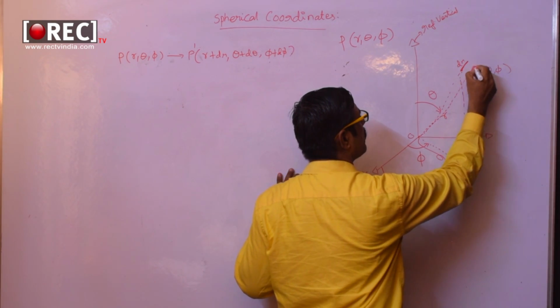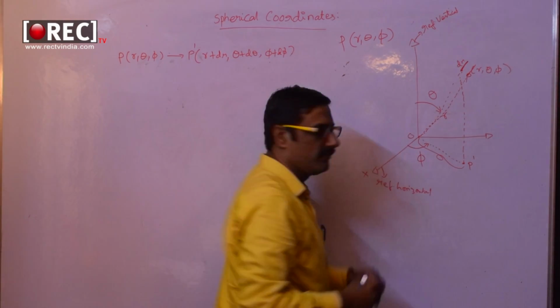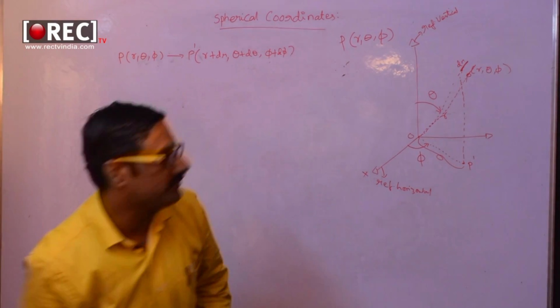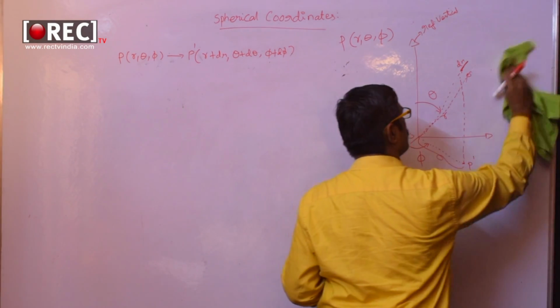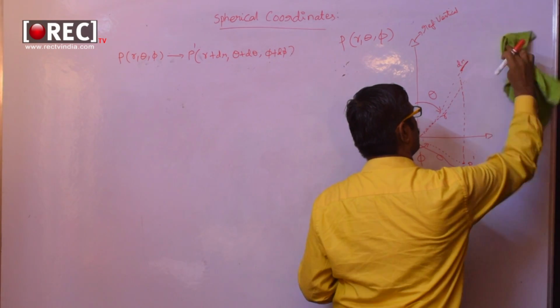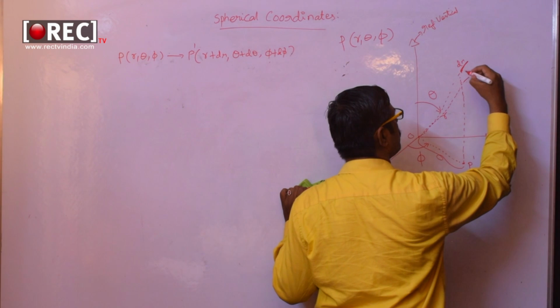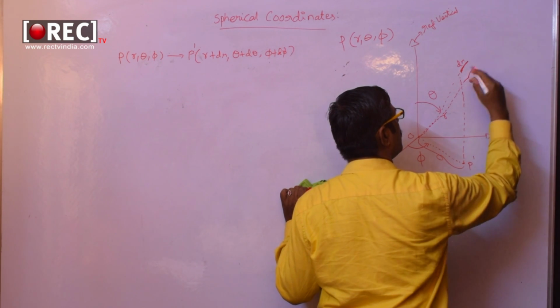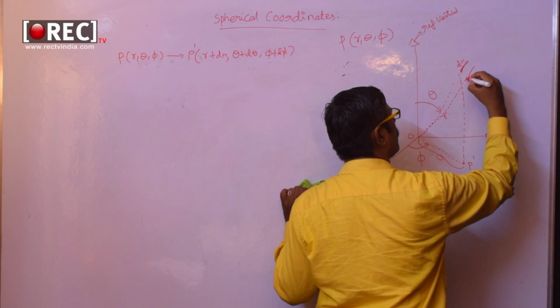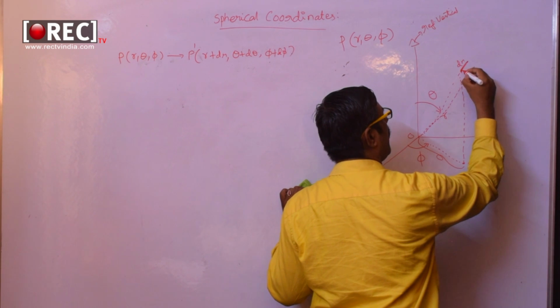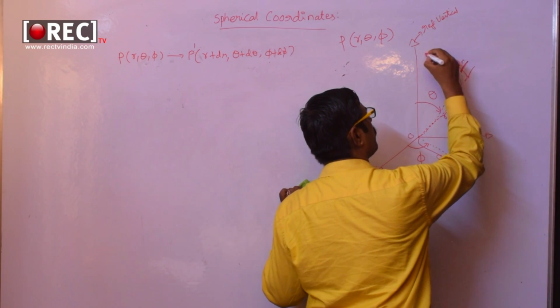Now let me show you clearly. Up to here it is r, and from here it is dr. Now let me show you the angle.